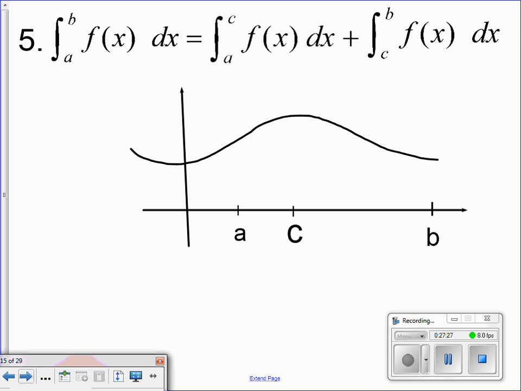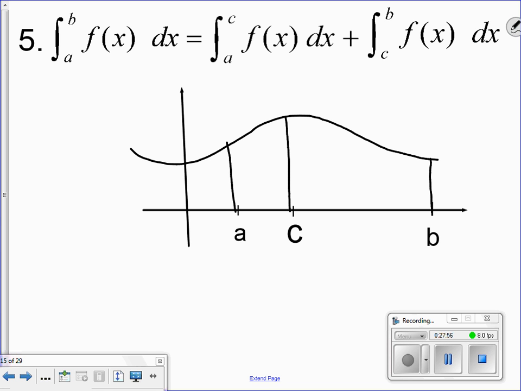If you think of the definite integral of f of x from a to b, now if f of x is positive, we've got all this area under the curve from a to b, right? It says that's equal to the definite integral of the function from a to c. Now think about it. That would be this area here, plus the definite integral from c to b.